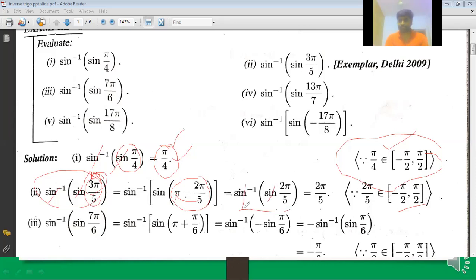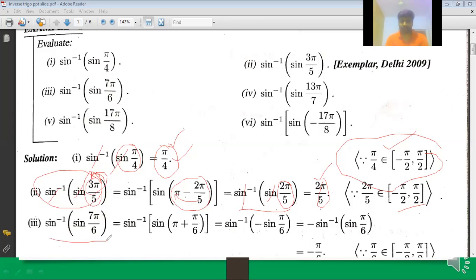Whenever you cancel, make sure that 2 pi by 5 lies in the domain, minus pi by 2 to pi by 2 closed interval. What is the pi by 5 value? 36, so 2 pi by 5 is 72, and 72 lies in its domain. So 2 pi by 5 is the answer. Yes.